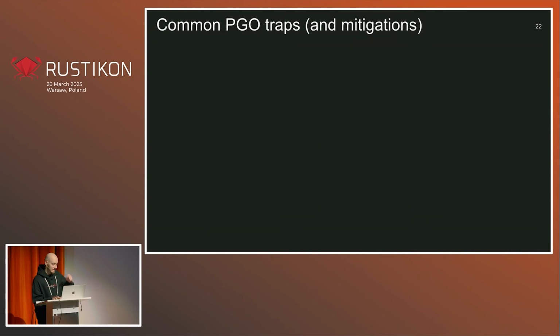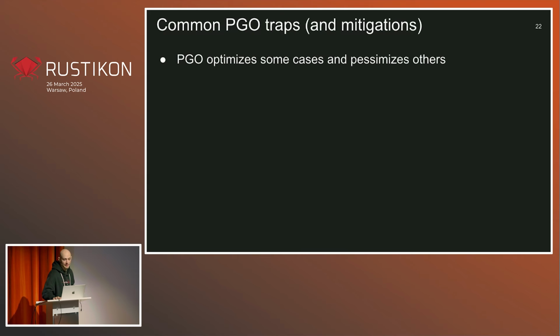Yes. And let's talk about common PGO traps and mitigations for them. At first, PGO can optimize some scenarios and at the same time pessimize others, like reduce performance. So actually that's an obvious thing, because if you remember the reshuffle of branches case, if one branch is moved to the beginning, other branches are suffering.